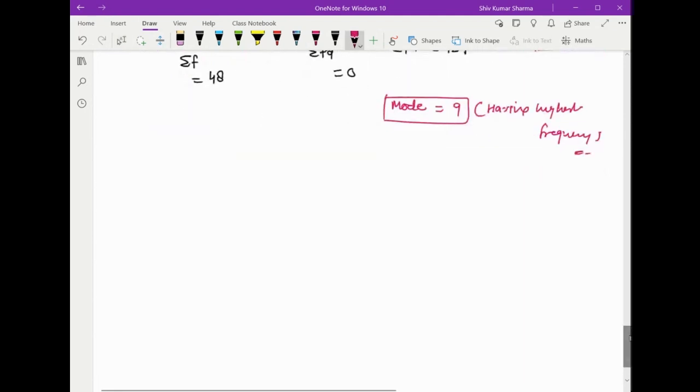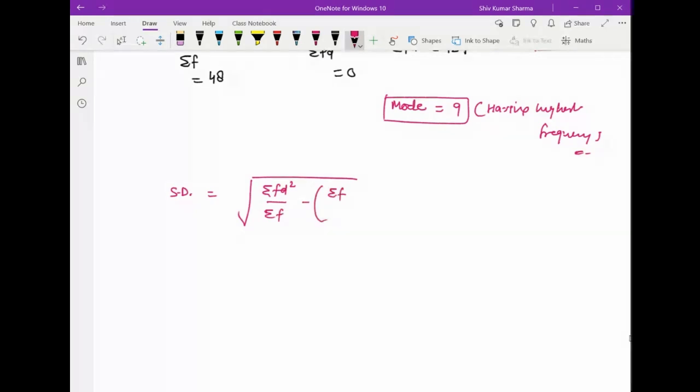When you calculate the standard deviation, you can calculate it in one step. We have the formula: square root of summation of fd square upon summation of f minus, summation of fd upon summation of f, the whole square.